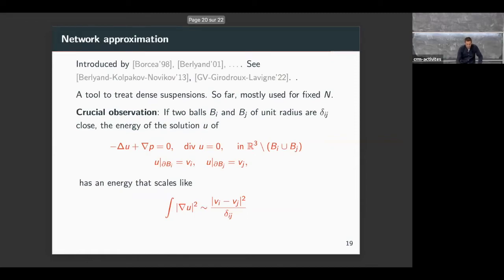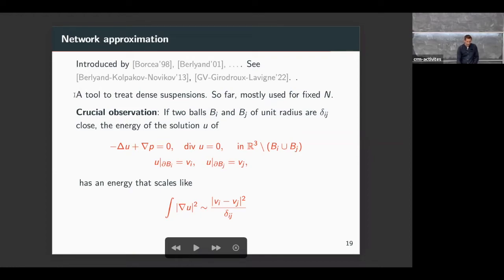Okay. In the few minutes that I have left, I will explain what is the reason behind the fact that we can go much further. This has to do with what is called network approximation, which was introduced by Borsea and Papanicolaou. There are a lot of works of Berlyand around it. There is a whole monograph about it.